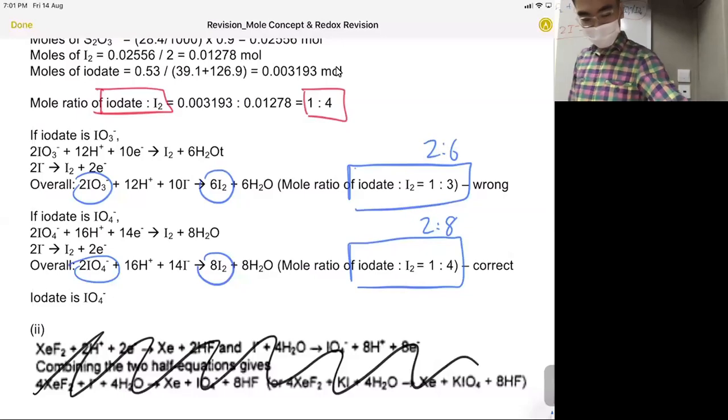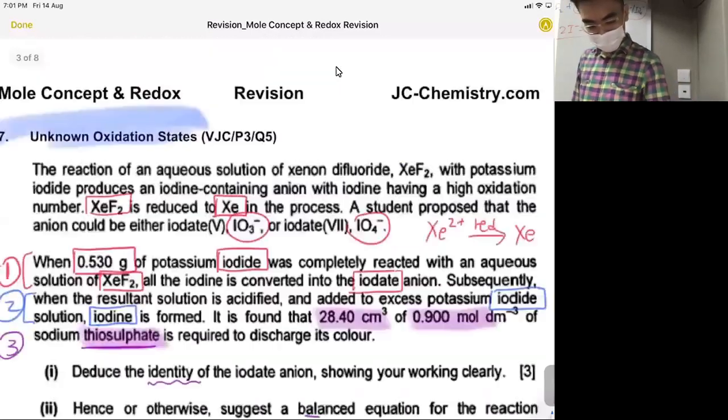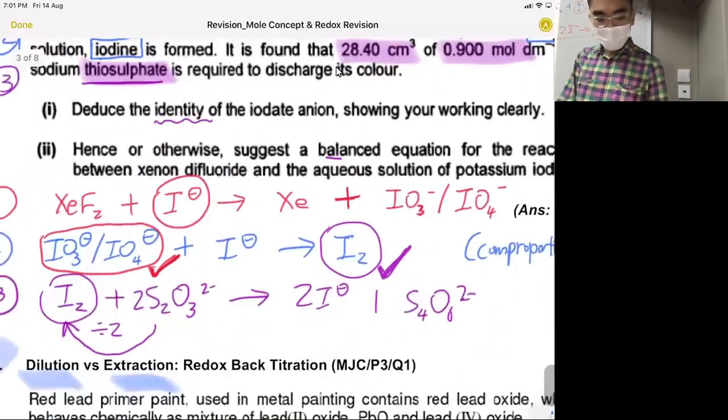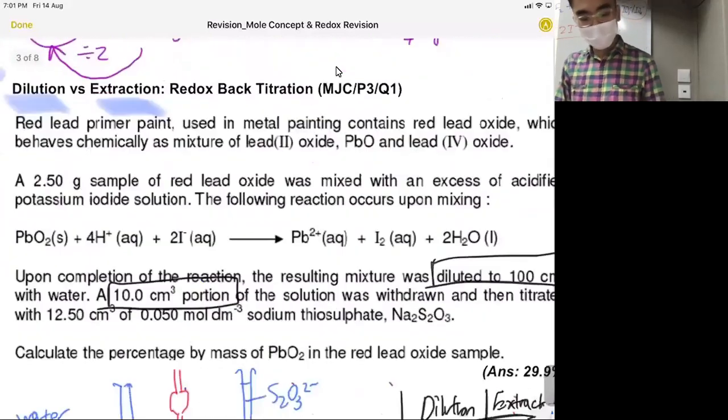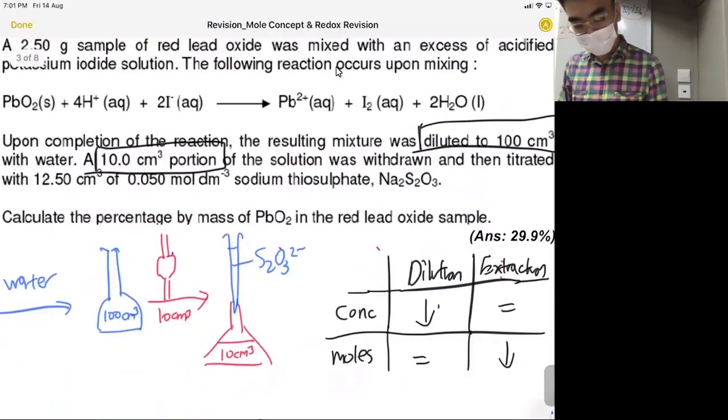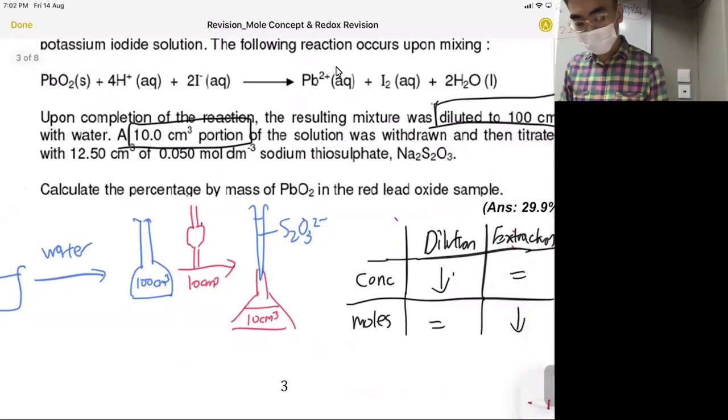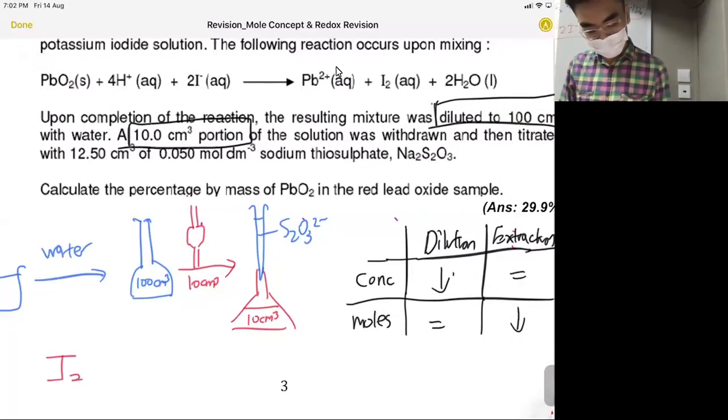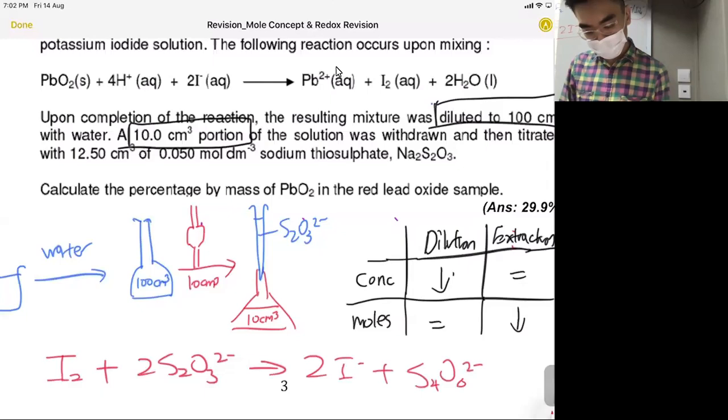Okay, question 8, last question for the day. Most importantly, you must realize that your I2 is reacting with your thiosulfate. It's a very standard equation. I2 is going to react with your S2O3 2- just like just now, to give you 2I- and S4O6 2-, correct?